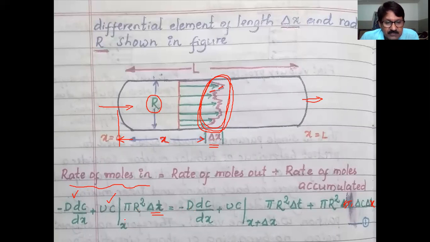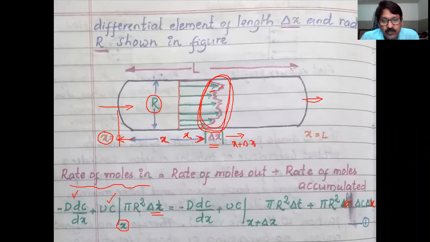See here, it is entering at x, and up to here it is x. Material is coming in at x, and what is coming out is at x plus delta x. Correct?